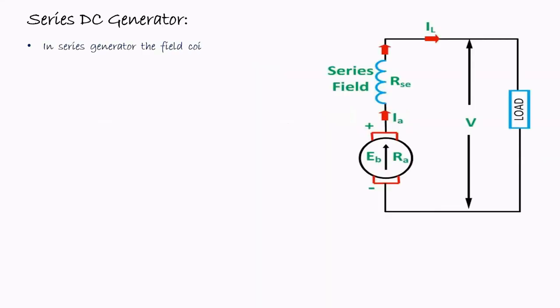Next, the series DC generator. In the series generator, the field coils are connected in series with the armature winding. Before we discuss the series generators, we have already seen in the previous slide the types: permanent magnet, then separately excited, then self-excited.